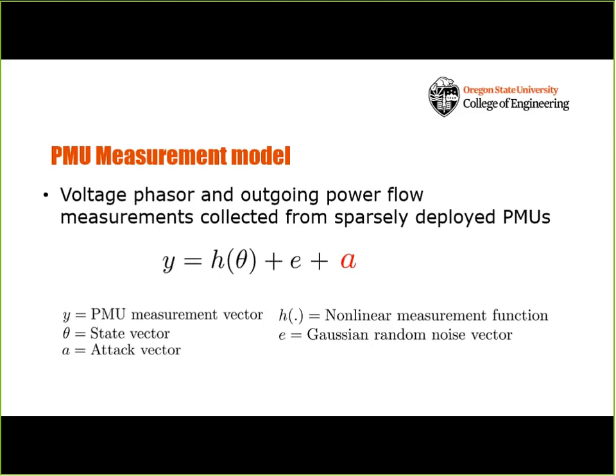So we account for that information in the model. And the attack vector a here depends on the type of the attack. Since we are talking about a GPS spoofing attack, in this work the attack vector will have non-zero entries in the corresponding locations of the PMU y vector, where the angle portion is attacked.